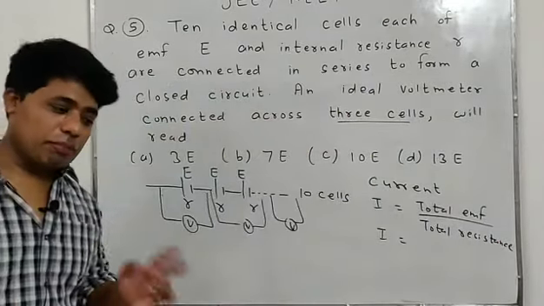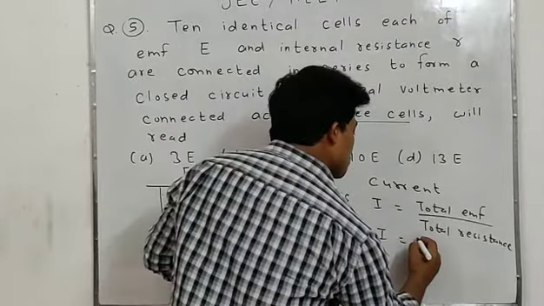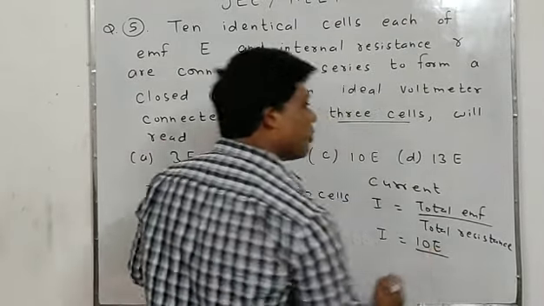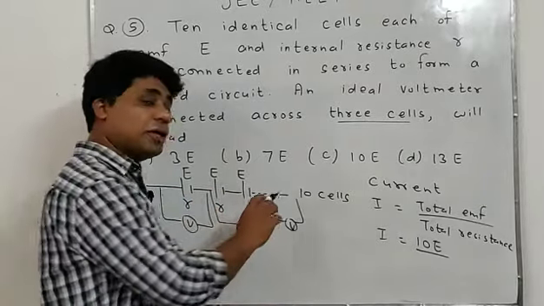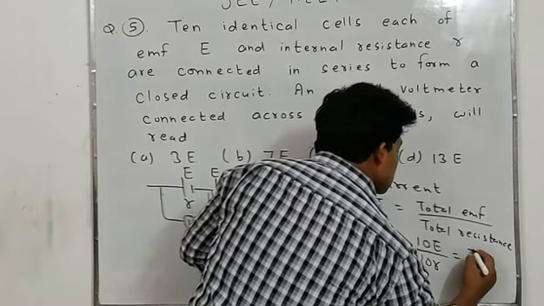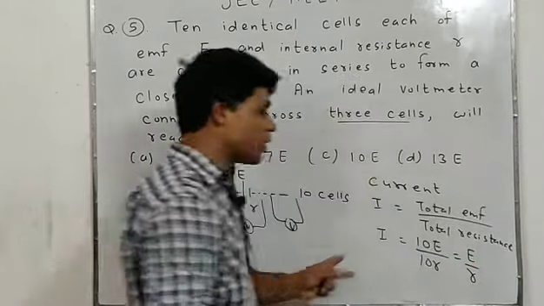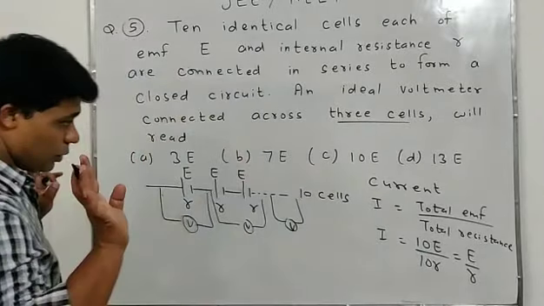What is the total EMF? Total EMF of 10 cells connected in series should be 10 times E: E1 plus E2 plus E3, so 10 times E. And as they are connected in series, the total internal resistance will be 10r. So 10 and 10 cancel out. So how much current will flow in that circuit? E by r.